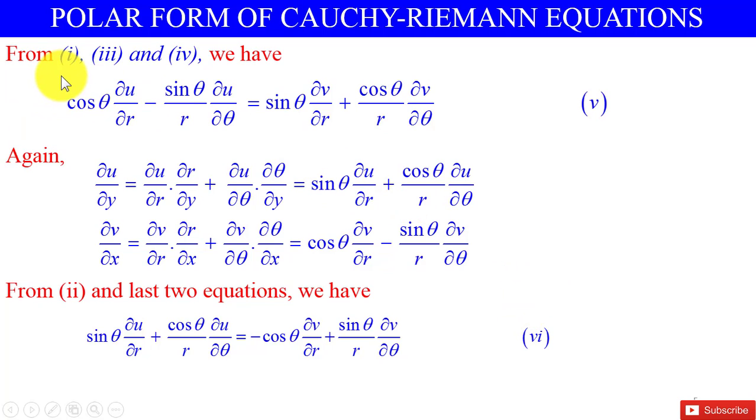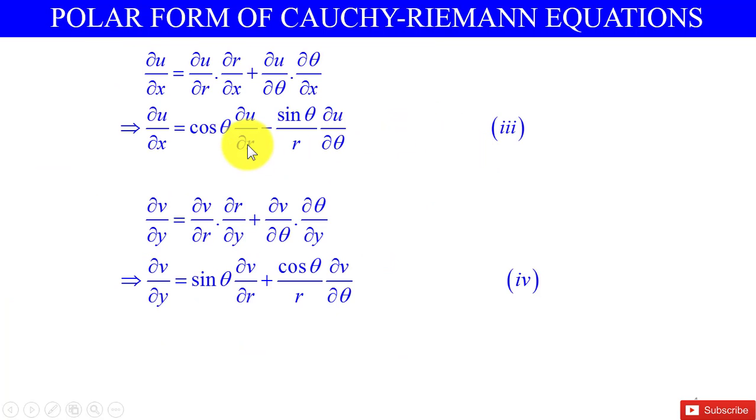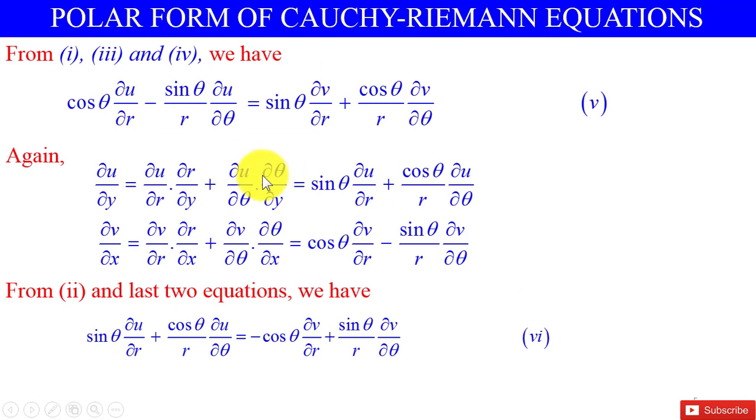Now from 1, 3 and 4 we have cos θ ∂u/∂r − (sin θ/r) ∂u/∂θ = sin θ ∂v/∂r + (cos θ/r) ∂v/∂θ, because ∂u/∂x = ∂v/∂y.